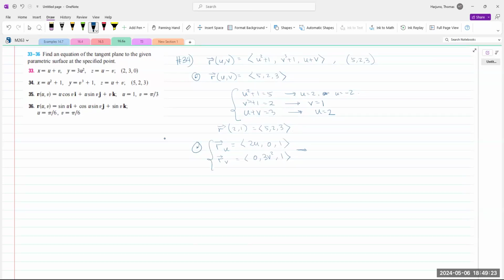R sub u at (2, 1) will be (4, 0, 1). R sub phi at (2, 1) will be (0, 3, 1). Okay, so the cross product. Instead of doing the cross product first and then putting in (2, 1), you can put in (2, 1) first, and then do the cross product.